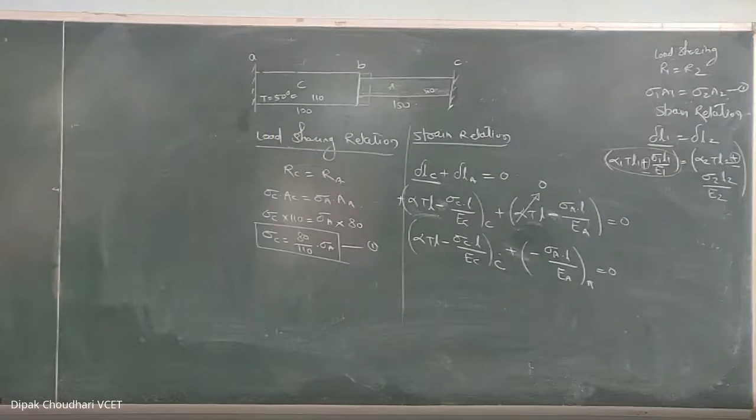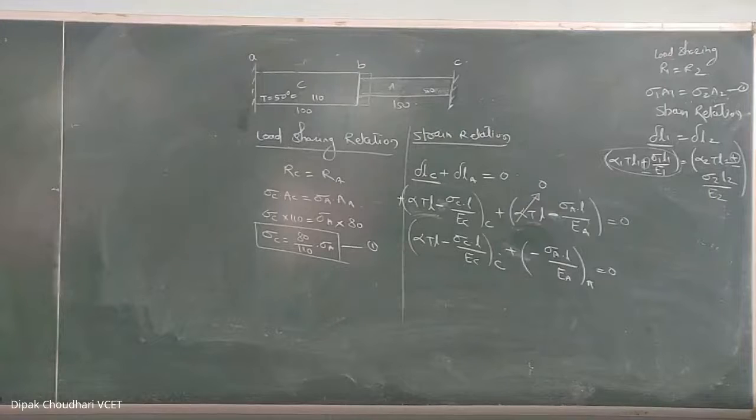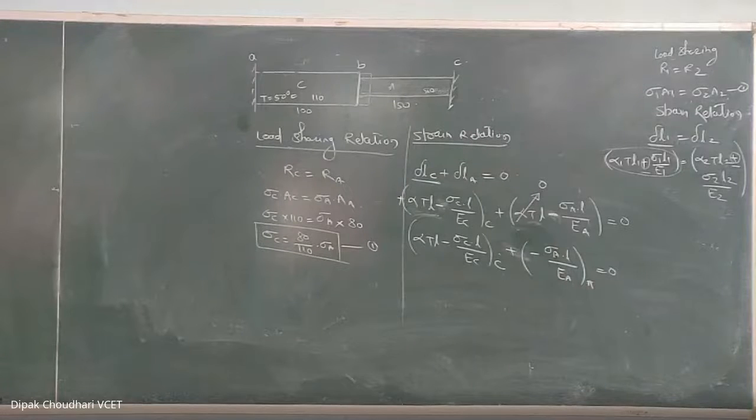Hello. Yes, tell me. Sir, what is the value of alpha and E? That only I'm searching. It is not given in the question paper. Okay. I'll provide you the value. Just give me 2 minutes.